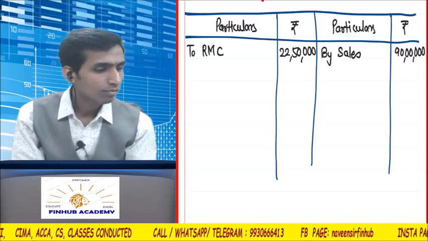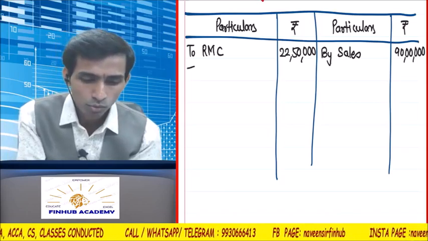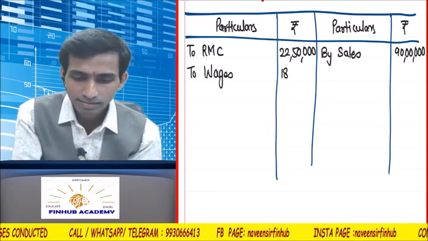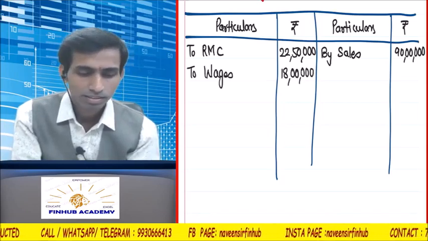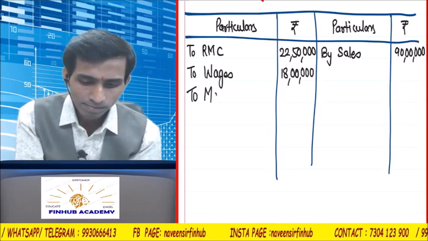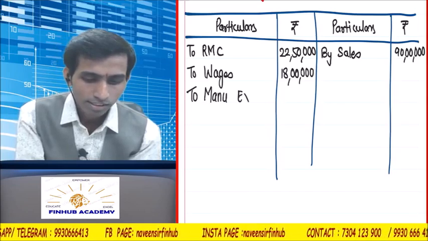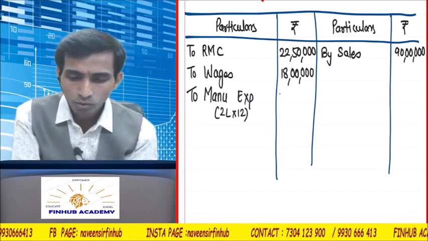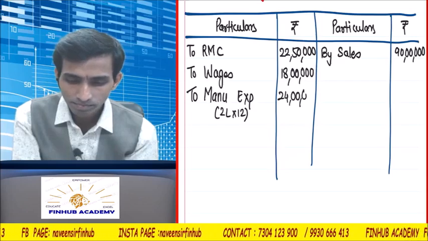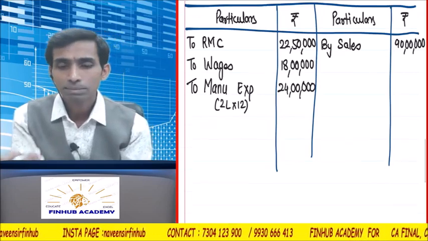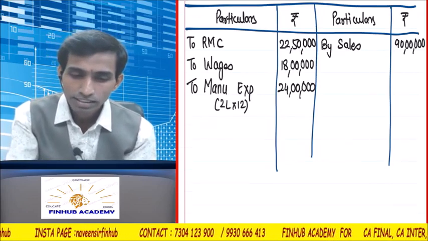Correct. Next. Wages paid 18 lakhs. So I will write to wages, 18 lakhs. After that, manufacturing expense. To manufacturing expense, how much? 2 lakhs multiplied by 12 will be 24 lakhs. Correct. Total admin expense will come in P&L. Listen carefully, later you can copy.